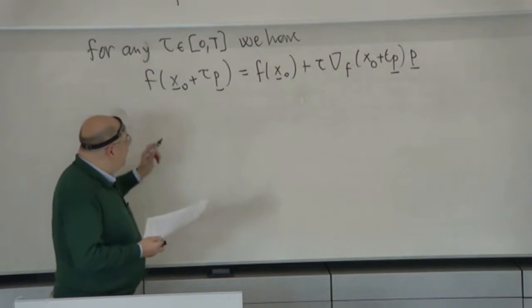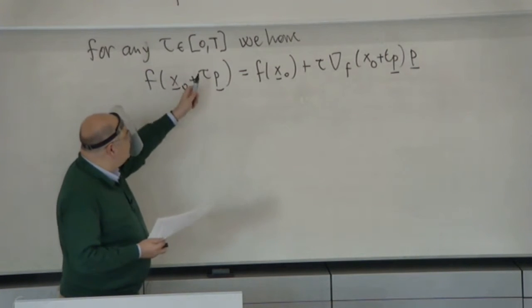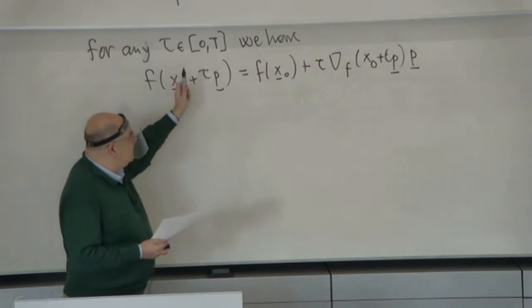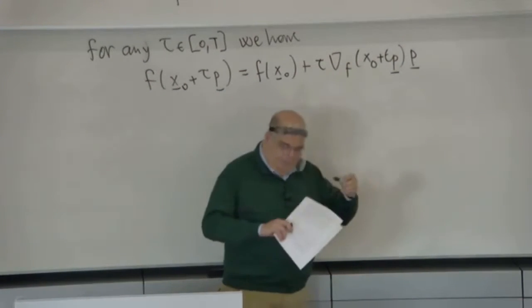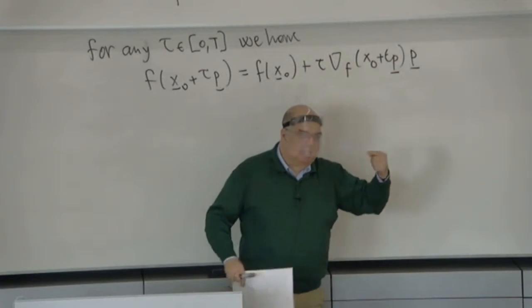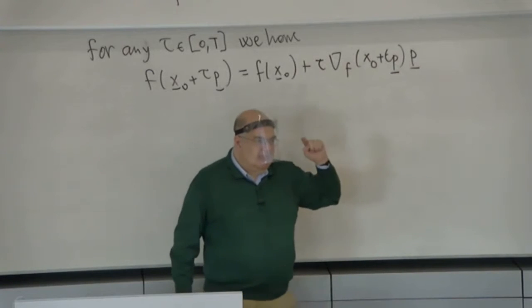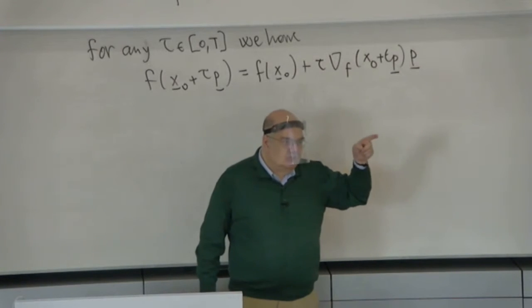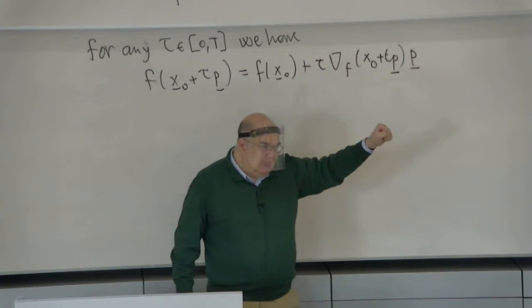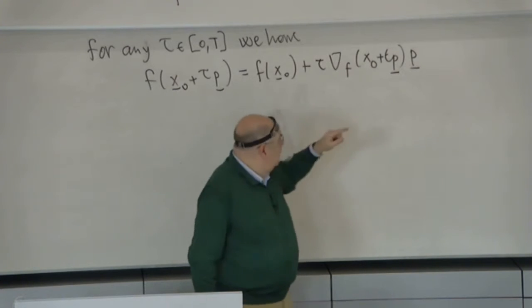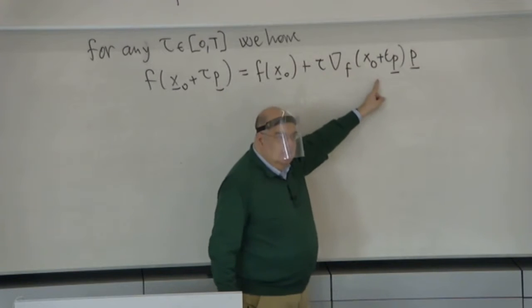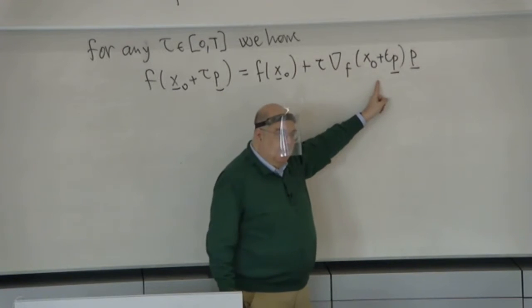The idea is that we are sufficiently close. You take a tau in this interval, and if you look back at what I said last time, you remember that in the Taylor expansion, we can get rid of the little o term by changing this term.